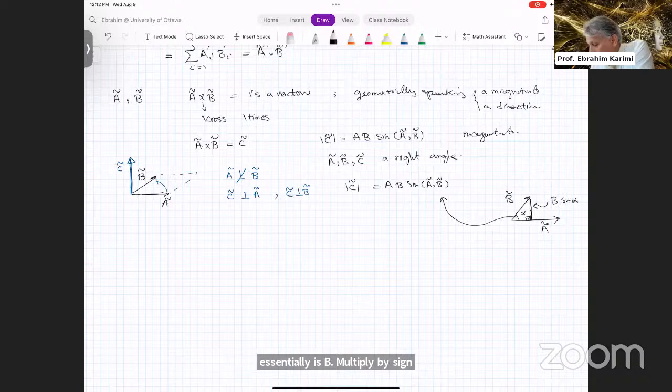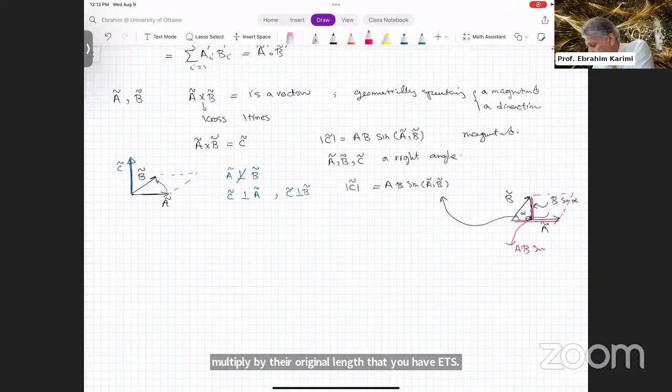So indeed, if you want to calculate the area that is created by the two vectors A and B with the parallelogram that you have here, the surface created here is the magnitude of A multiplied by the orthogonal length that you have here. So it will be A, B sine of alpha.